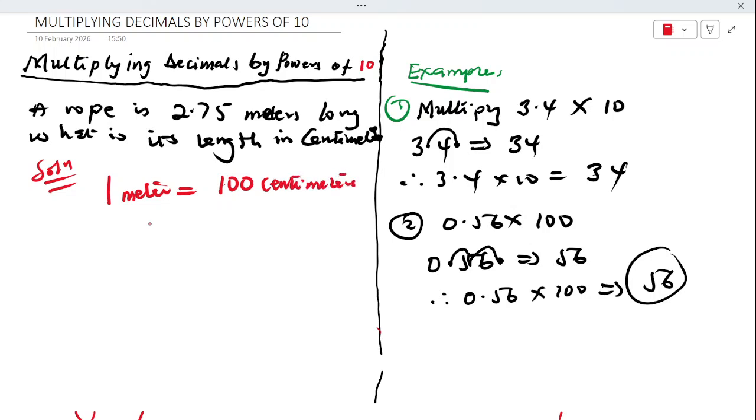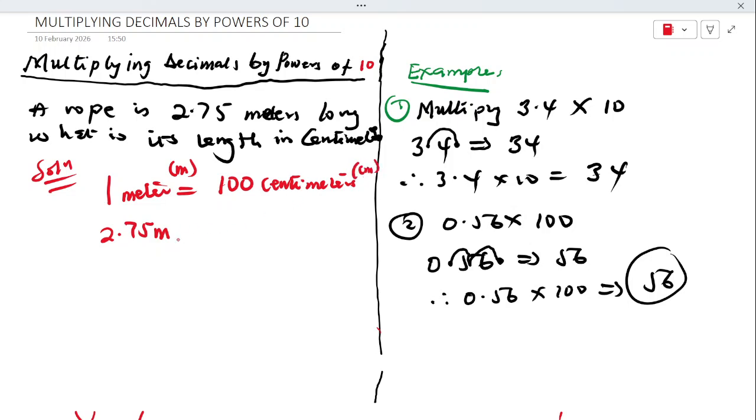So if 1 meter is equal to 100 centimeters, now we have 2.75 meters. So the meters, the symbol is m, and the centimeters, the symbol is cm. Let's take note of that.